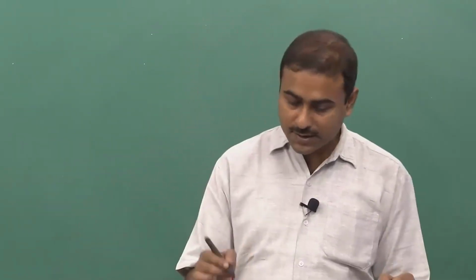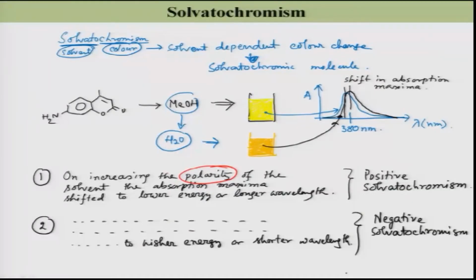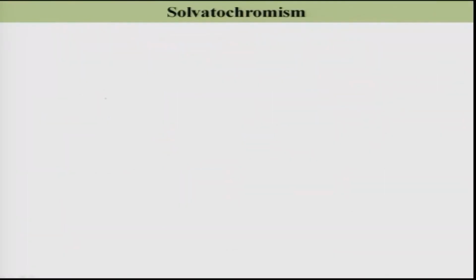Okay. So, with this definition of this polarity, let us see these cases. Let me take a molecule represented as this ellipsoid, right, and let me draw few positive charges over here and few negative charges over here, signifying that this molecule has a dipole moment in the ground state.